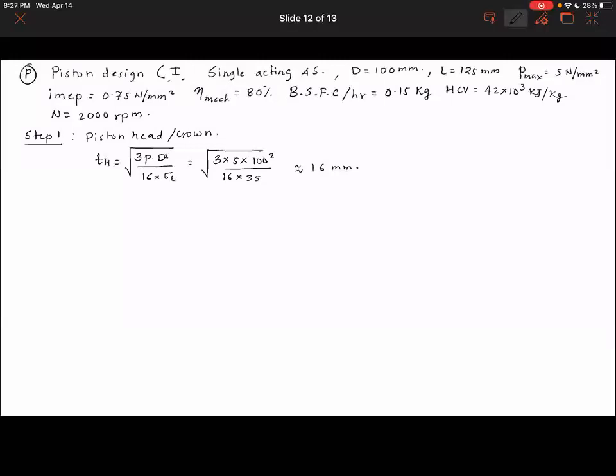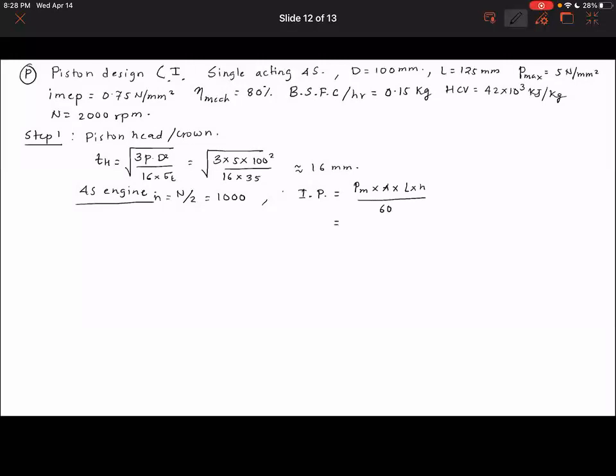It's a 4-stroke engine. So which means the effective strokes per minute are 2000 divided by 2, that is 1000. So N divided by 2 is equal to small n, that is 1000. And then I'm going to use the equation for indicated power is equal to PM times A times L times N divided by 60.